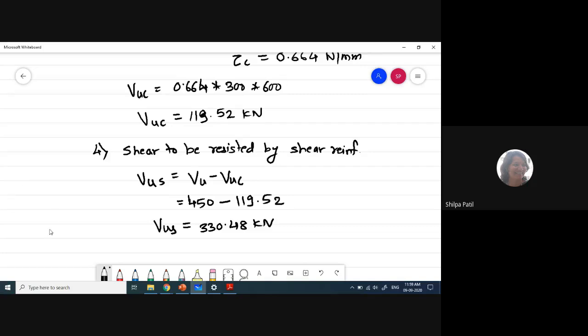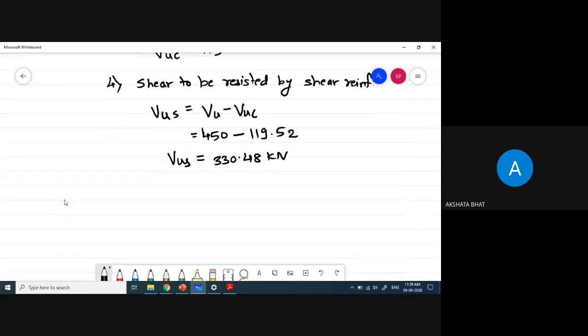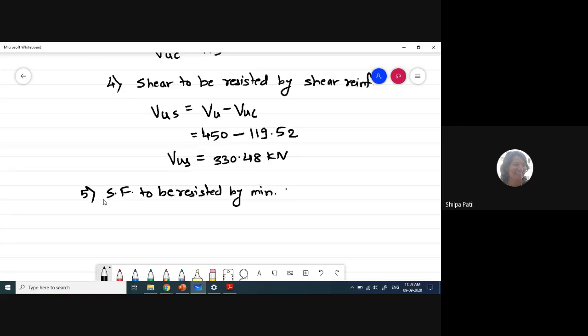Next step. Shear force to be resisted by minimum shear reinforcement. Okay. So what is the formula?